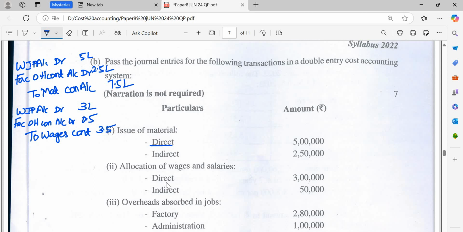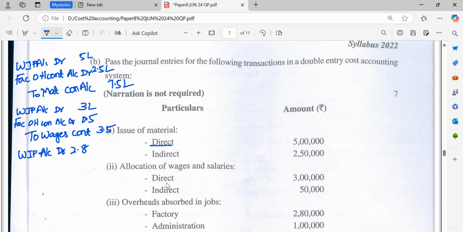So for factory overheads, administrative overheads and selling and distribution overheads I am having. So for factory overheads, it forms part of work in progress. So work in progress control account, debit 2.8 lakhs. Then for administrative overheads, we can use 2 steps or we can combine the journal entry.